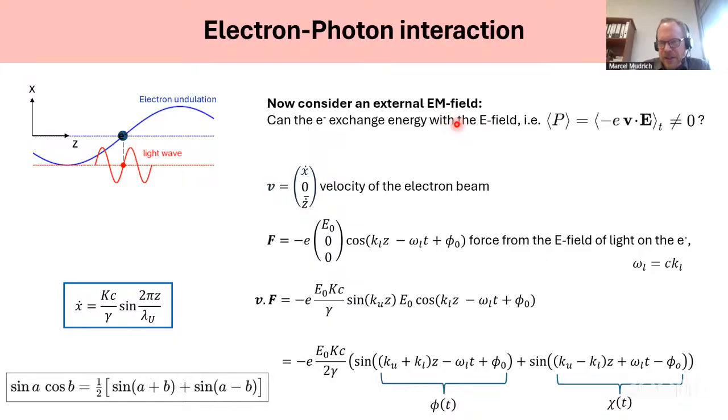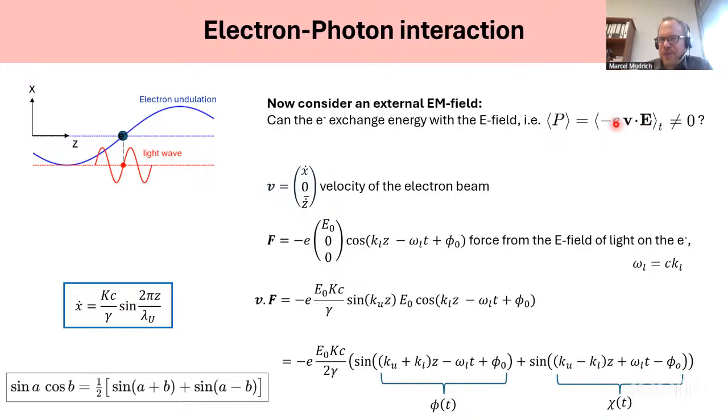The way of answering this question is to calculate the average power from the interaction of the light field with the electrons, and whether the electrons absorb power from the light field or emit power into the light field. Power is energy divided by time, and energy is force times displacement, F times x, so divided by time gives us a force times velocity.